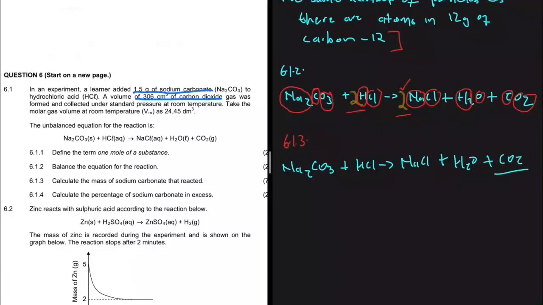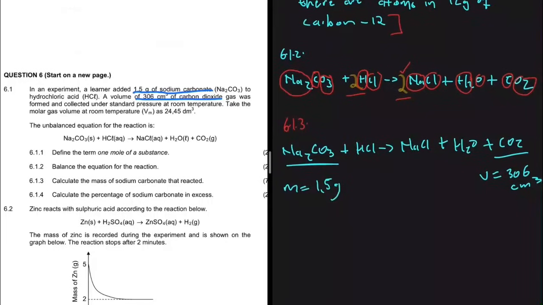So we are told that at the end of the day, we have a volume of 306 centimeter cube of CO2 produced. And for the sodium carbonate, we are given an initial mass, which is 1.5 grams. Of this 1.5 grams, not all of it reacted. That's why the question is asking us to calculate the mass that reacted. But how can we calculate the mass that reacted?